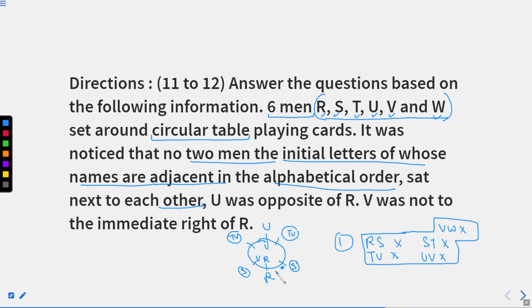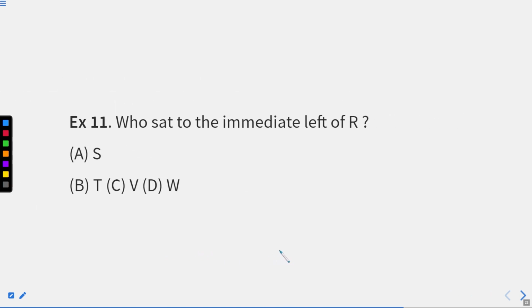We know that T cannot be placed in either of the positions, so T will be placed here. We know STU, so S will be placed here, because if we place S here, we eventually get STU, so S is not directly adjacent to T. In this manner, we are able to form the diagram.